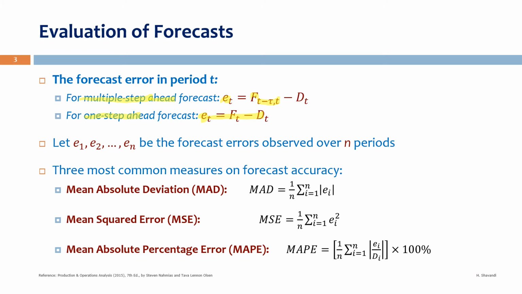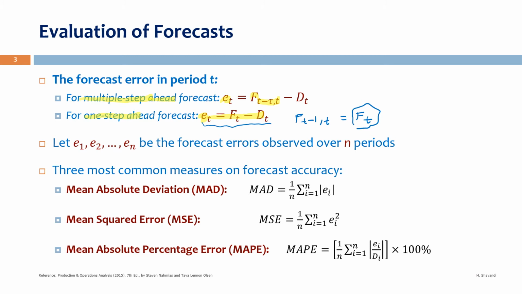Okay, so here for simplicity, f t minus 1, t can be replaced by just f_t, one step ahead. Okay, so in general, the difference between the forecasted value and the observed value, or the actual value of demand, will be the error term.